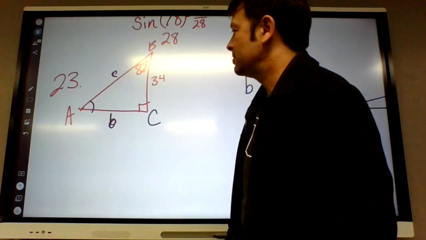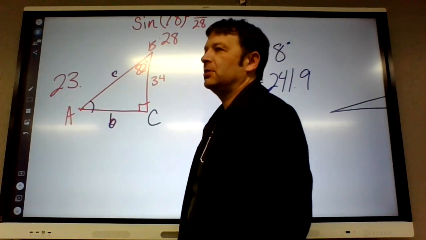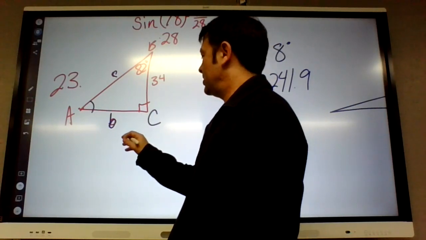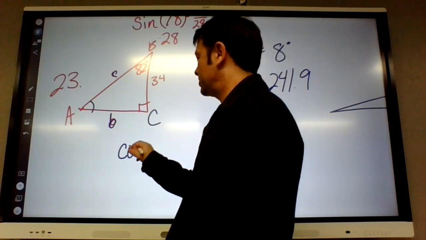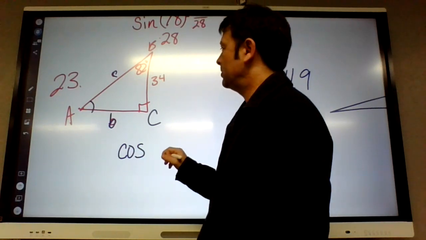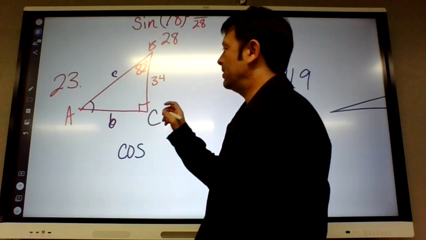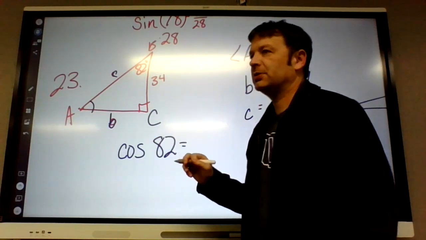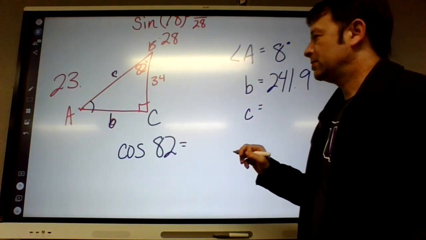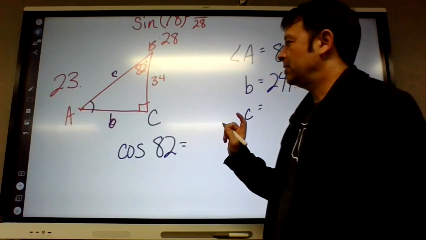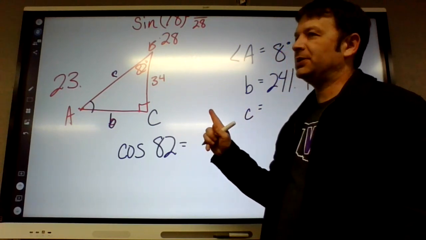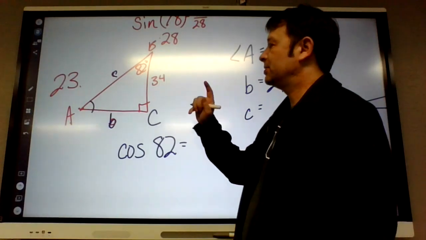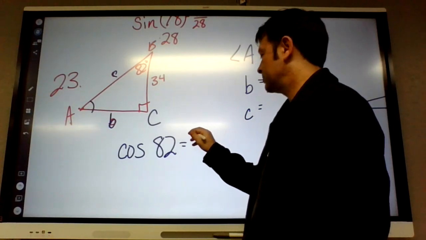Oh, okay. And then that, cosine. Okay, yes. So cosine of 82 equals adjacent over hypotenuse, and the adjacent is 34.